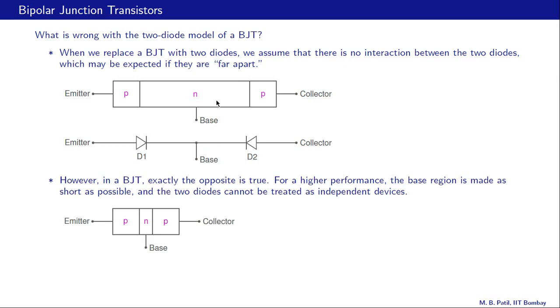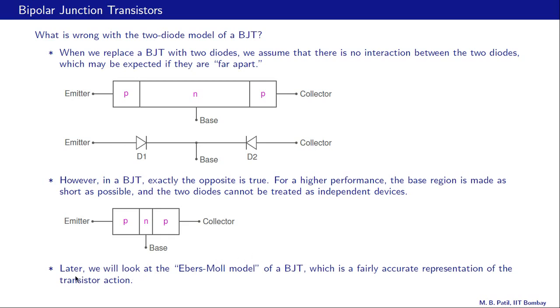So this region is in fact made very narrow for a higher performance, and the two diodes cannot be treated as independent devices. And later we will look at the Ebers-Moll model of a BJT and understand the behavior better. This model is a fairly accurate representation of the transistor action, and it is still simple enough to understand.